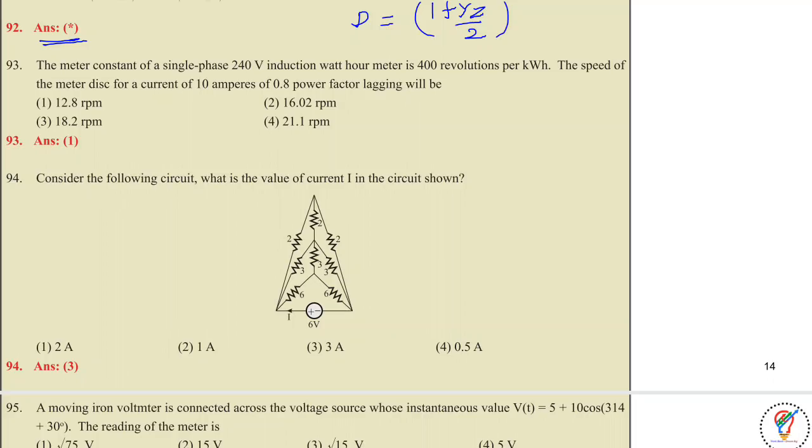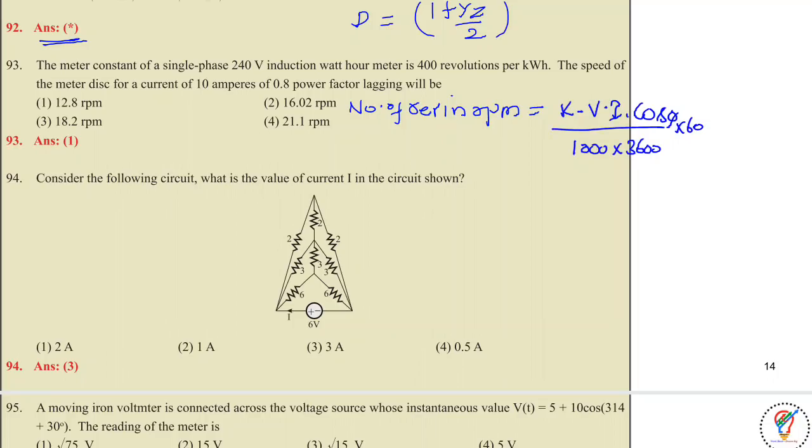In this question we need to find the number of revolutions made by this meter. The formula for the number of revolutions in RPM is equal to K into VI into cos phi divided by 1000 into 3600 into 60.